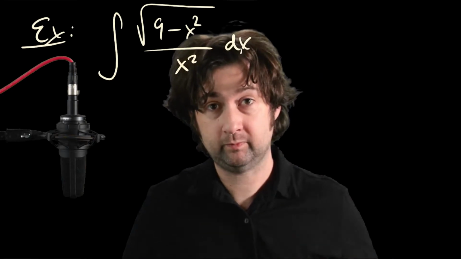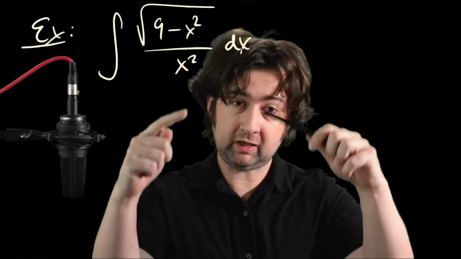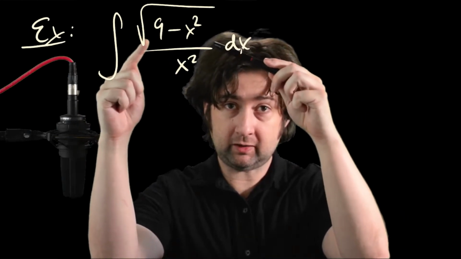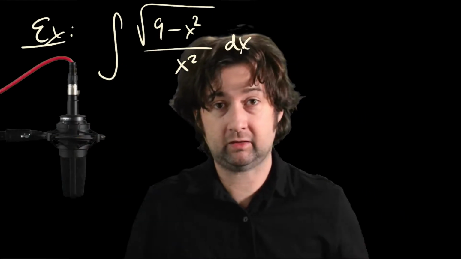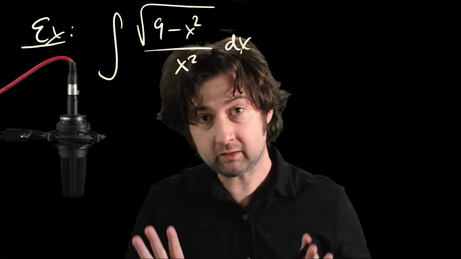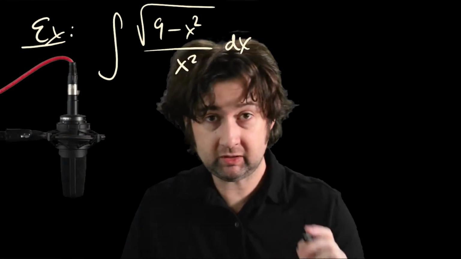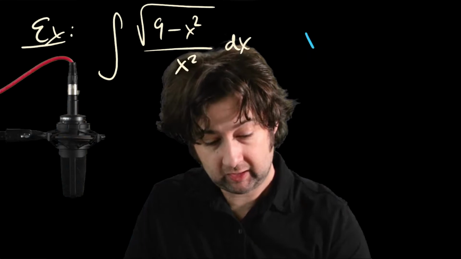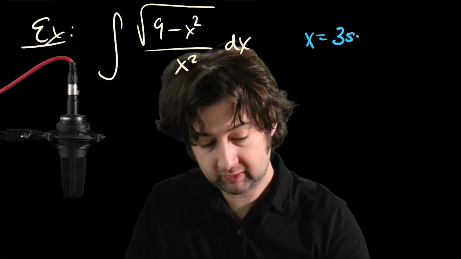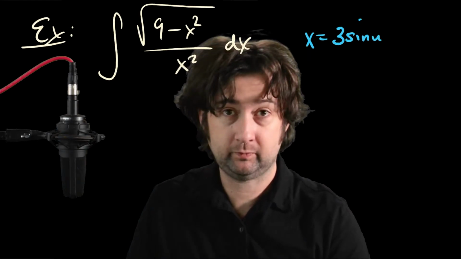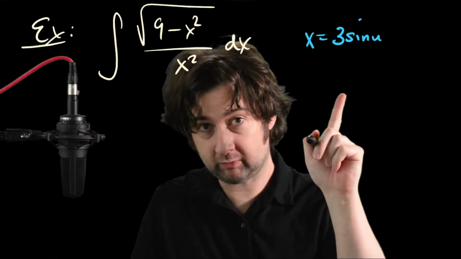So you can see in this one that we have a trig sub-like quantity right here, 9 minus x squared. What our pattern tells us is that we should be considering the substitution x is equal to 3 times the sine of u. So everywhere I see an x, I'm going to replace it with 3 sine u.